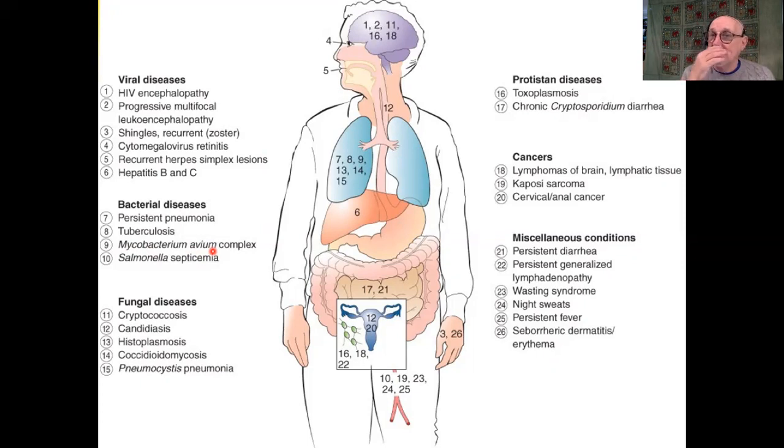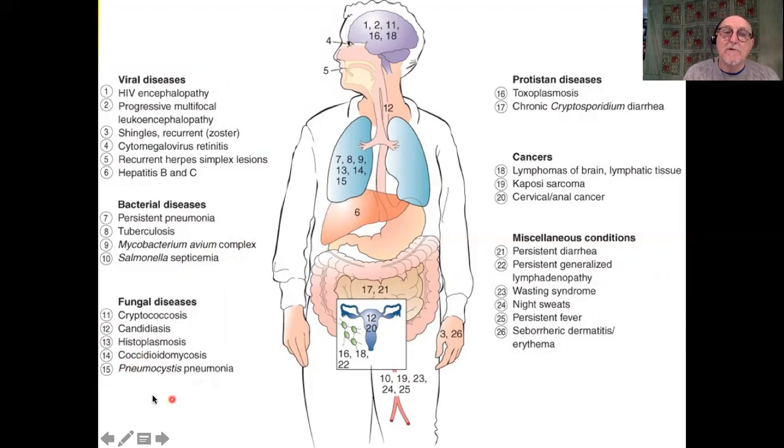We're exposed to it the whole time, but our immune systems immediately kill it off. If you've got a normal immune system, you never have to worry about Mycobacterium avium. But for people without an immune system, this is extremely serious, and it causes brain lesions and all sorts of terrible things. All sorts of strange fungal diseases.